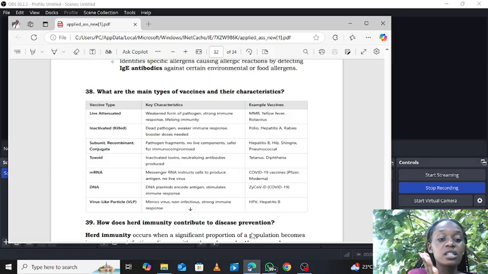Also we have messenger RNA, where messenger RNA instructs the cell to produce antigen, with no live viruses. The example is COVID-19. Then we have DNA vaccines, where a DNA plasmid encodes antigen and stimulates an immune response, with COVID-19 as an example. We have virus-like particles, which mimic the virus, with no infection and a stronger immune response. Examples are HPV and hepatitis B.